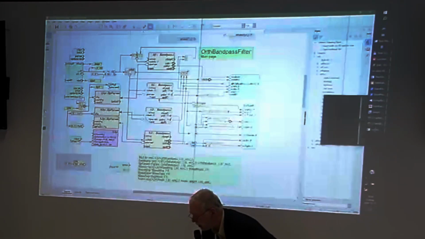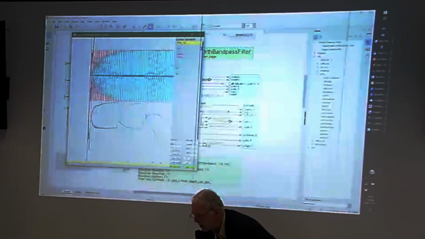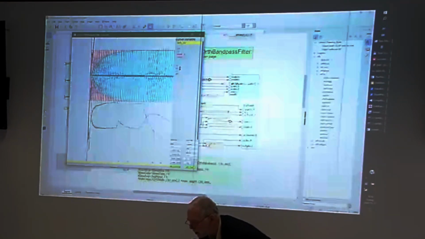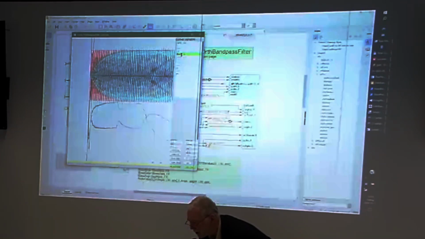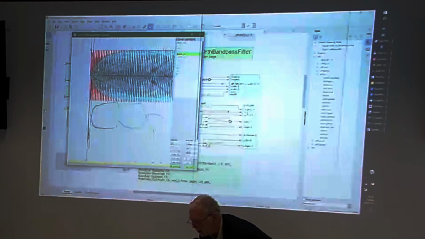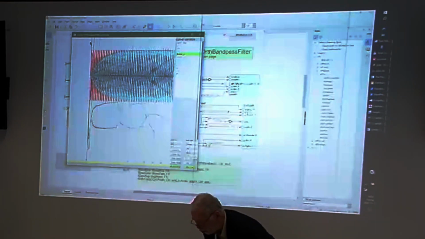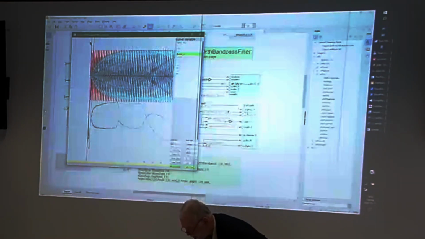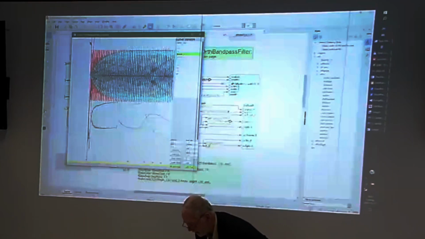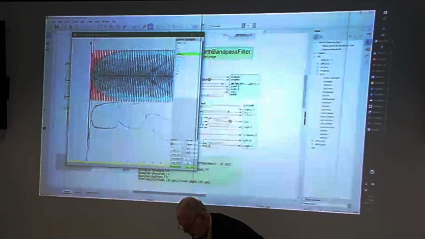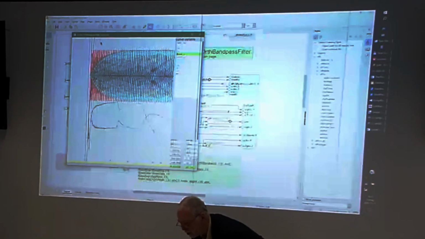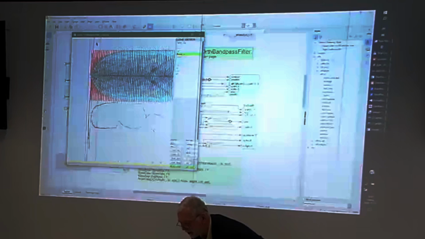Where is this? The fast bandpass is one of this. If I need 2 fingers. Yes, I should zoom. I have forgotten what key should be pressed. Yes, that's correct.